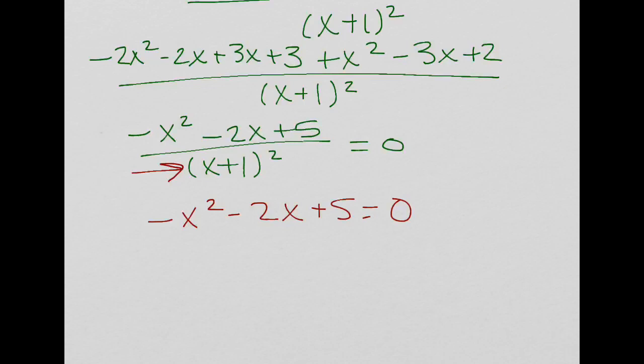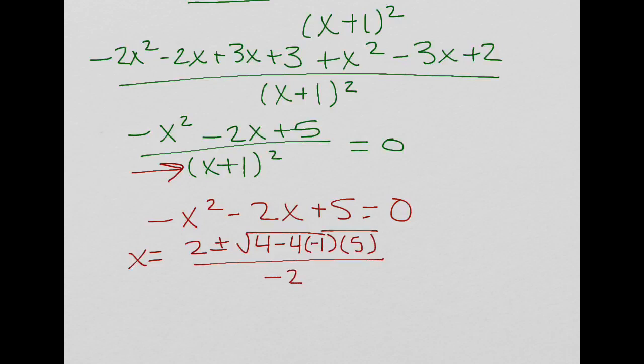Well, that's not going to be factorable, so I'm going to use the quadratic formula. So it's -b plus or minus the square root of b squared minus 4ac all over 2a.